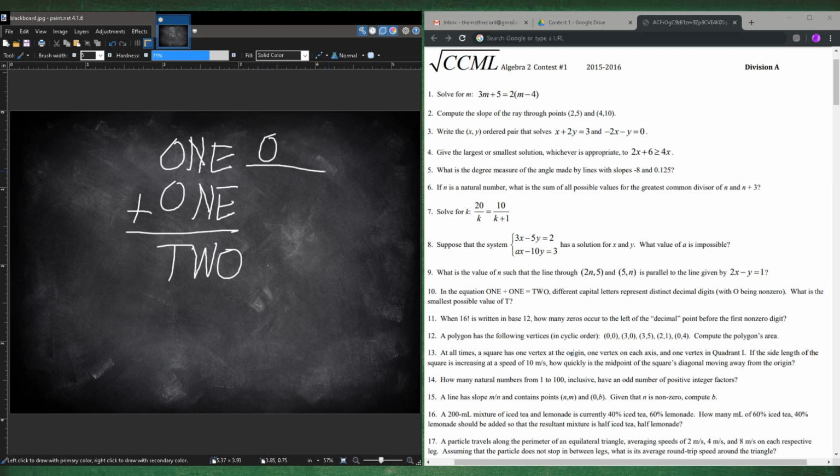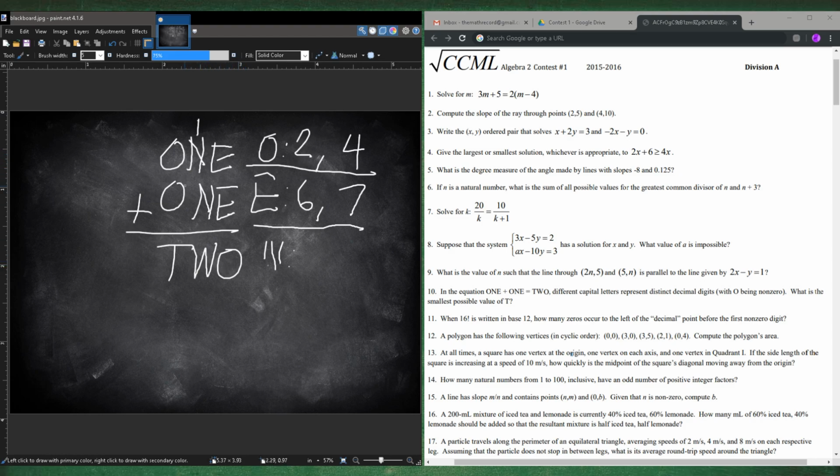So write that: O is equal to 2 or 4. So we have E. The only way to get 2 with different numbers is 6, and the only way to get 4 is using 7. That makes 12 or 14. So there's always going to be 1 added to the next one. So N plus 1 has to equal W, basically.